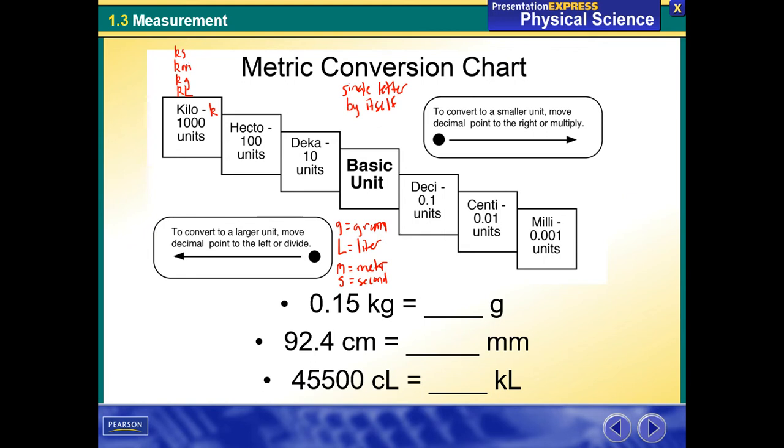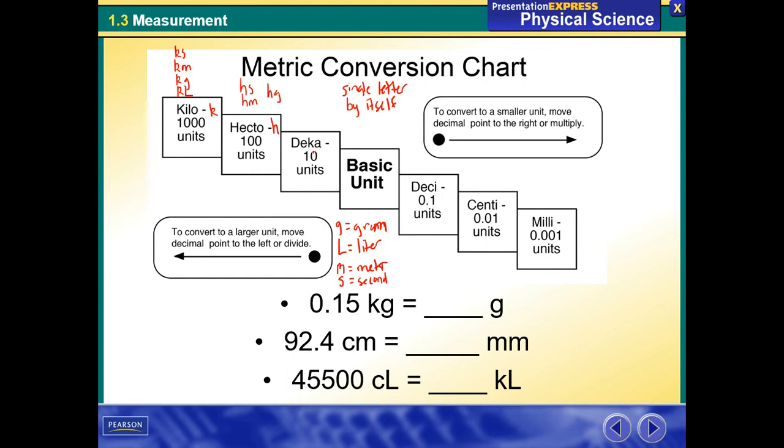Notice it all starts with k and then we match it with the base unit. Hecto's prefix is h, and this can be abbreviated like hectosecond, hectometer, even hectogram. So notice the letter goes over with the base.